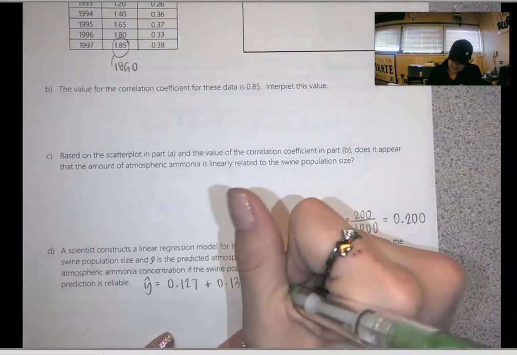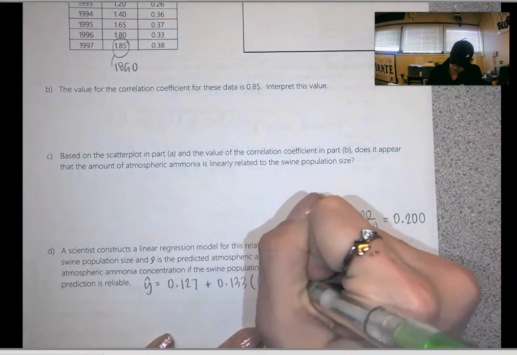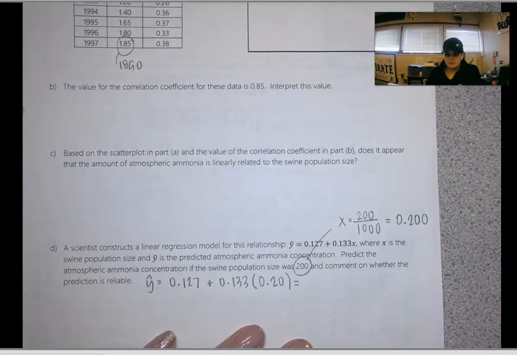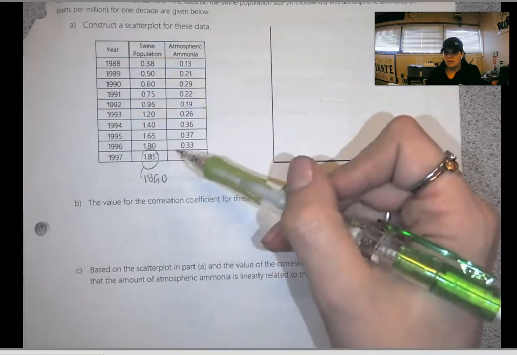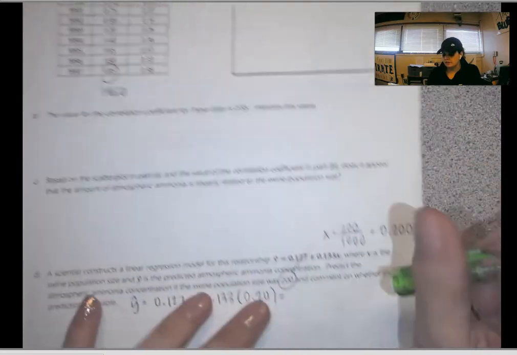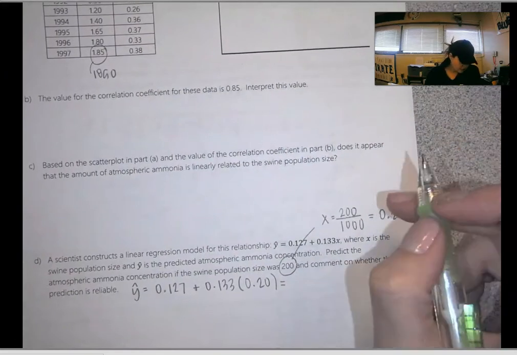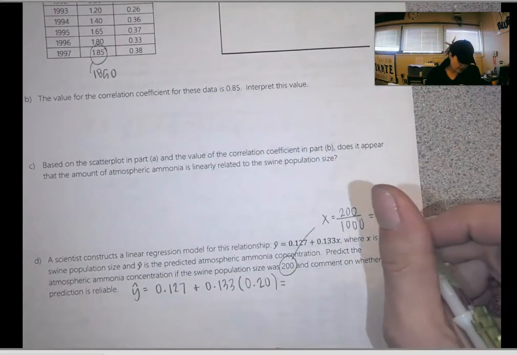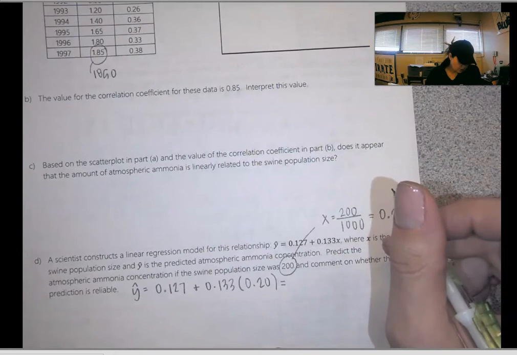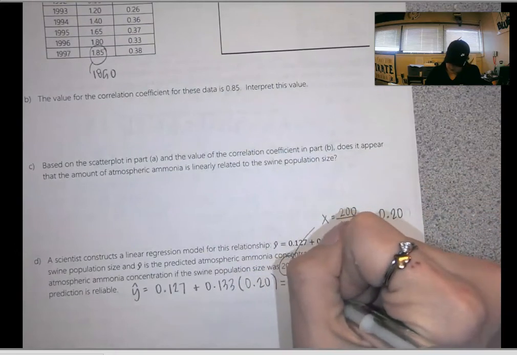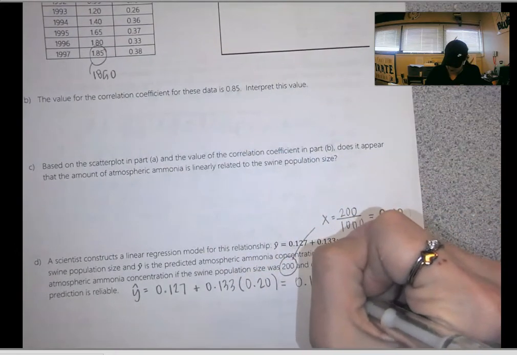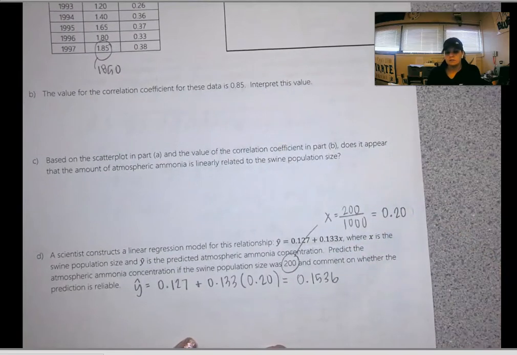So that's what we should plug in for x, because that's how it's written up here. This predicts that our atmospheric ammonia would be 0.1536.